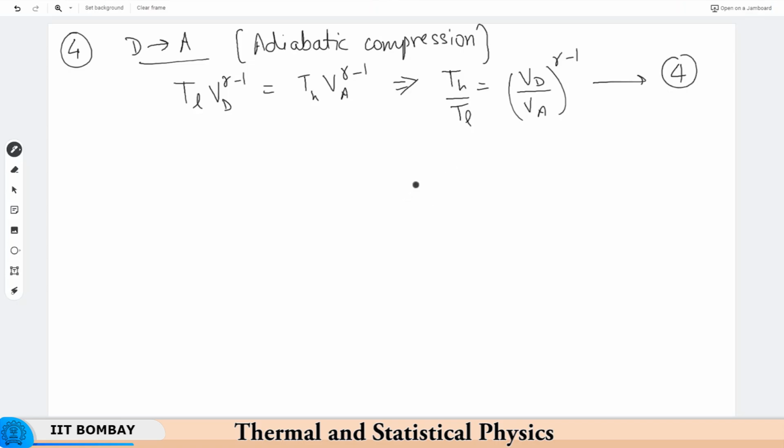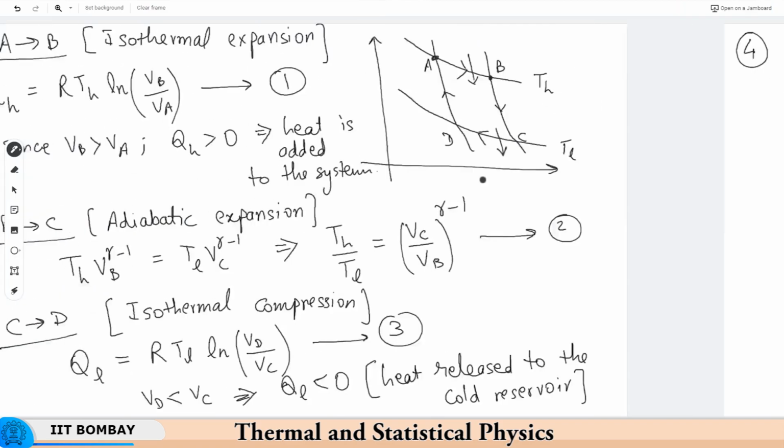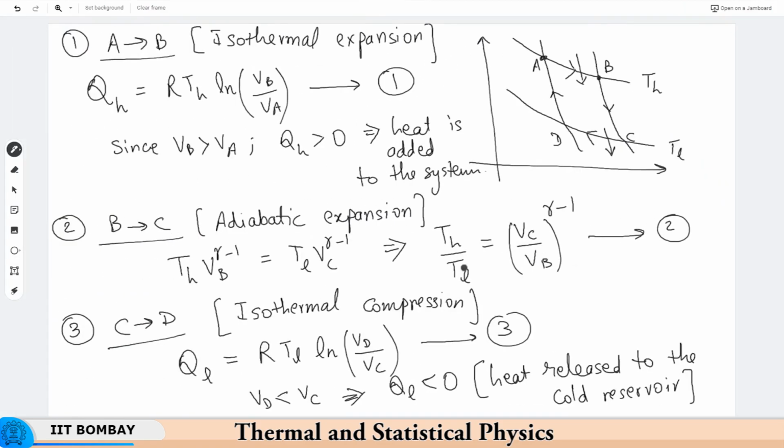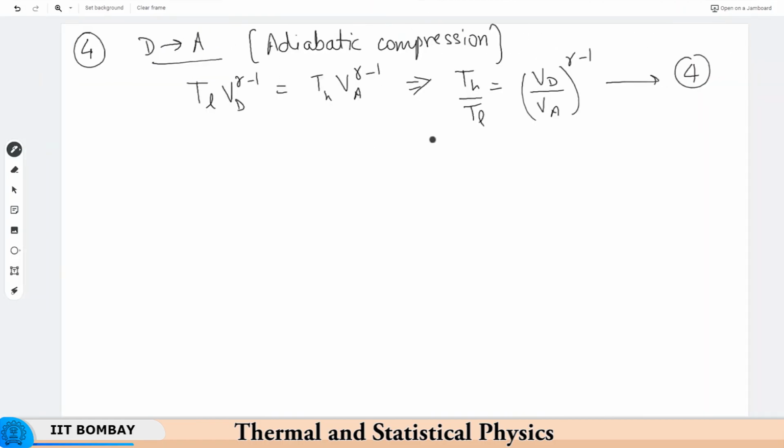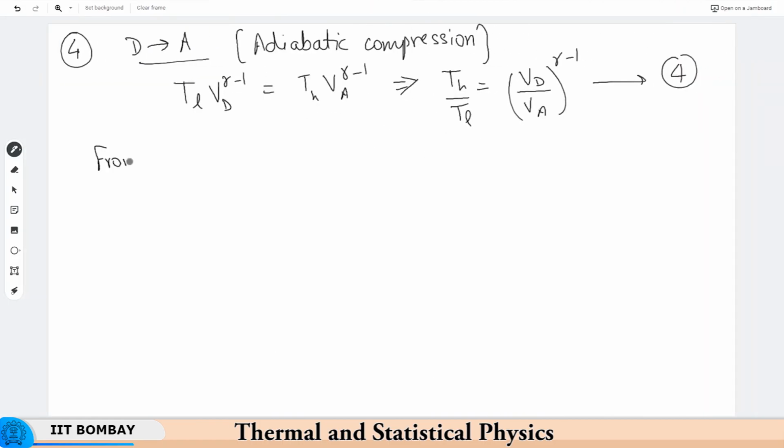Now we can very quickly compare equation 2 and equation 4. The left hand sides are the same, so from equations 2 and 4 the right hand sides are equal.